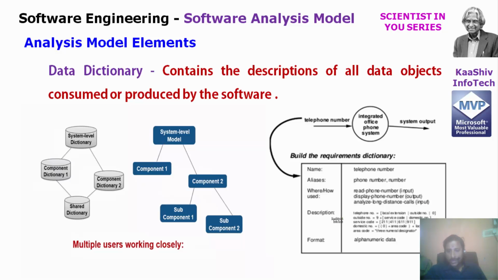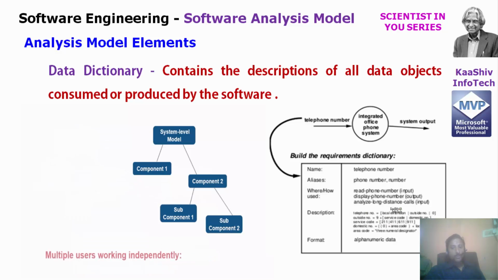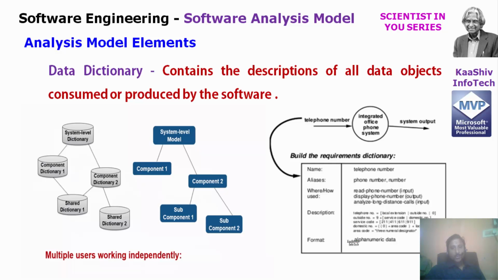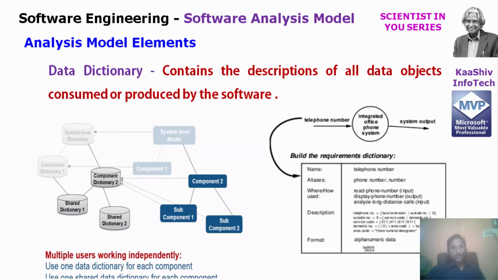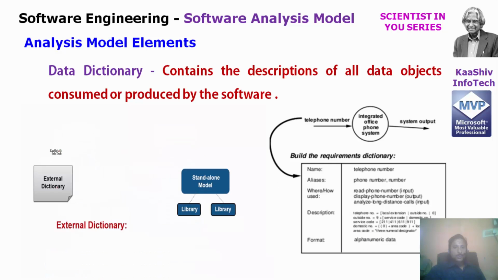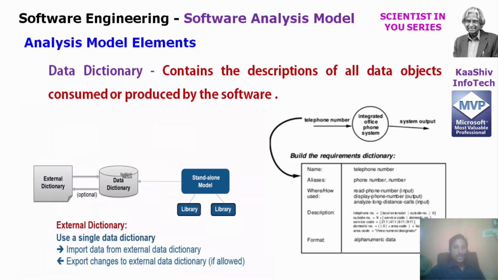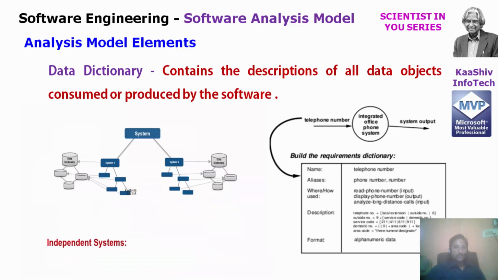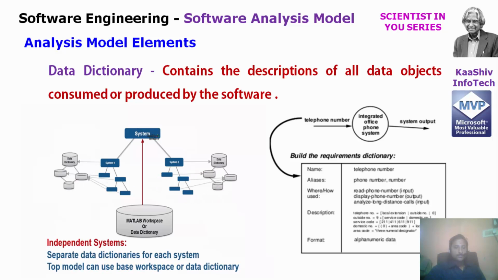In the description, the phone number will have the STD code, maybe a country code, the district or state code or something like that, followed by your phone number. And what would be the format to store? It's alphanumeric data. So the details about your data are referred to as the data dictionary, which provides the information about the data. You are able to see the data dictionary has all the information about the system.